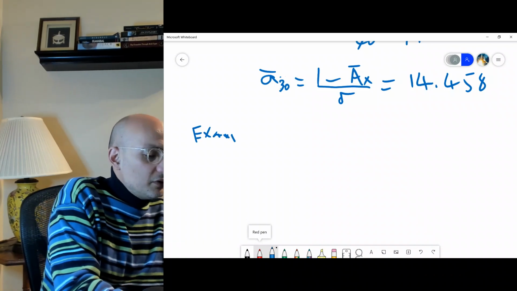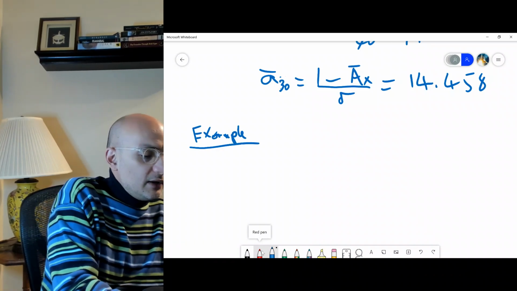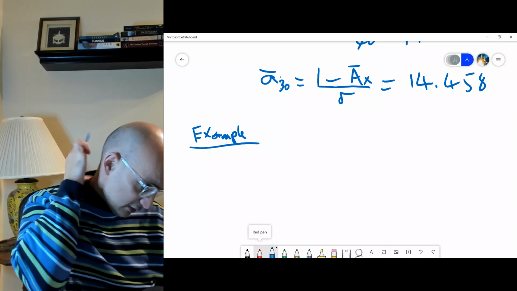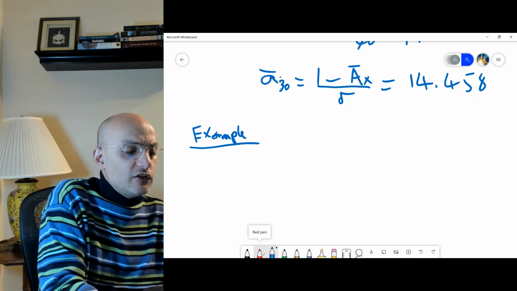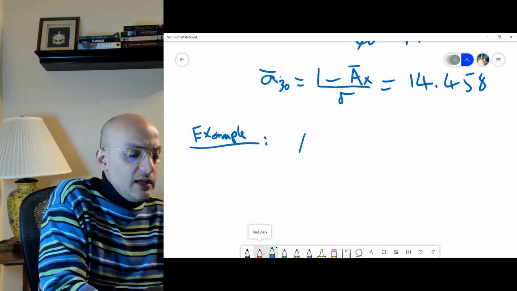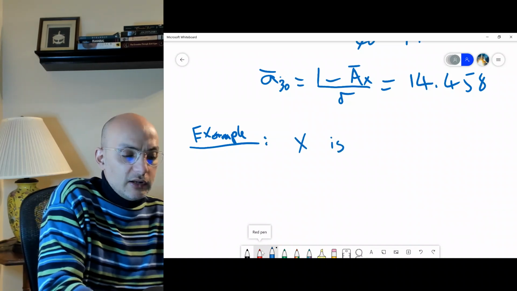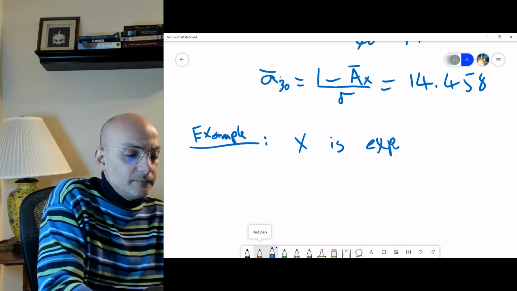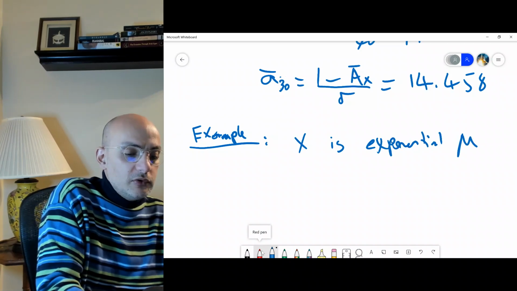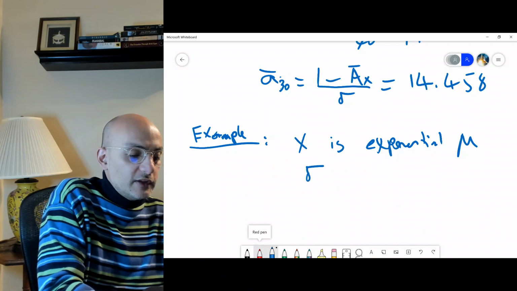There are two important distributions that many questions are based on. The first one is uniform, the second one is exponential. Let's take the general case. Let's say X is exponential, the remaining lifetime random variable is exponential, and with exponential we are given mu and also delta.